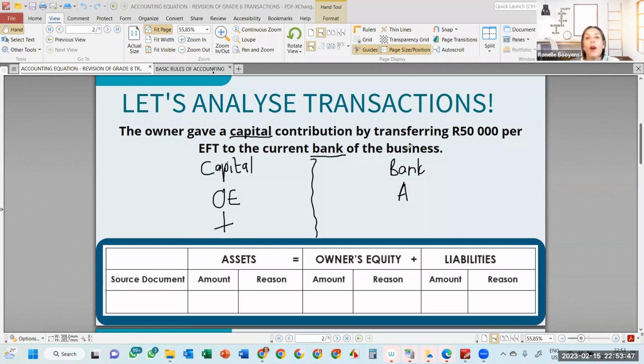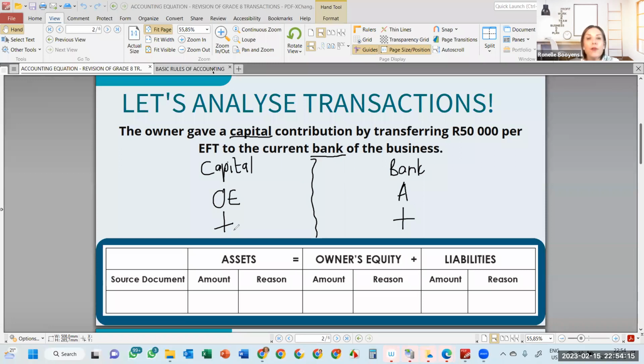Good. Now, what did the business do with that money? In fact, the owner transferred it straight into the business's bank account. That's the safest thing to do. So yesterday, there was no money in the business's bank account, brand new business. Today, the owner transfers 50,000 Rand into the business's bank account. Do you agree with me that the money in the business's bank account increased?